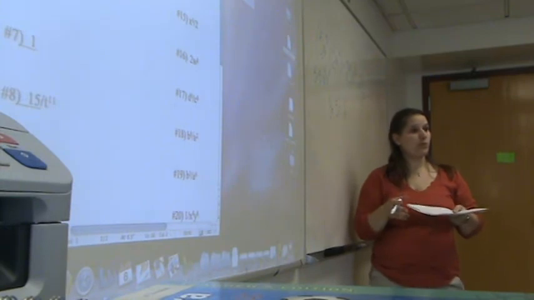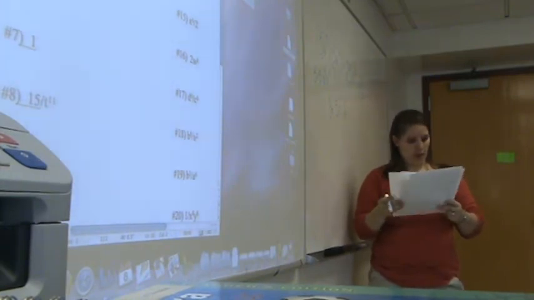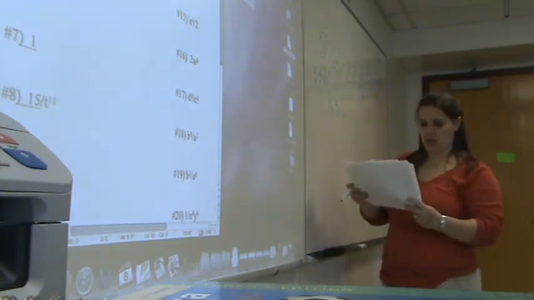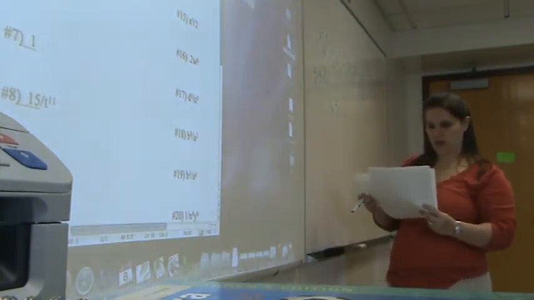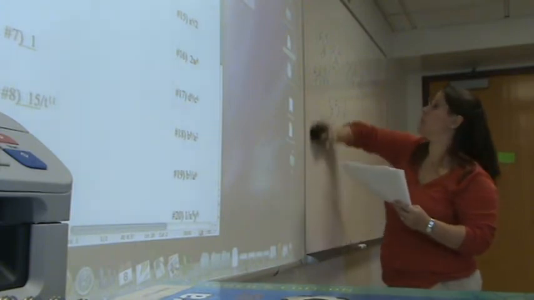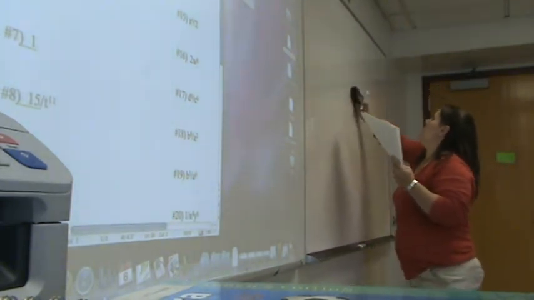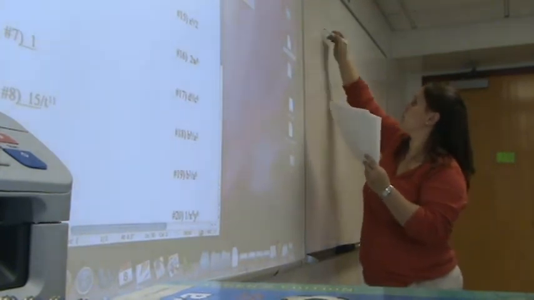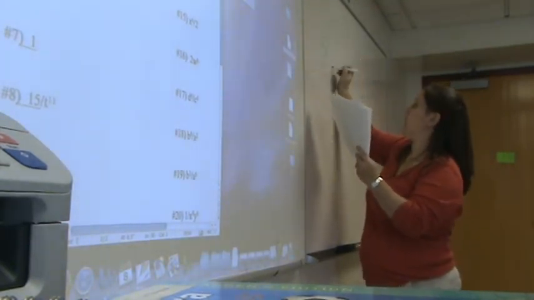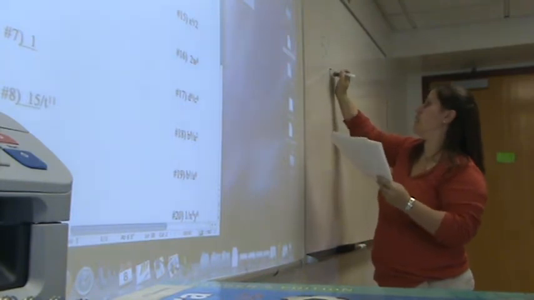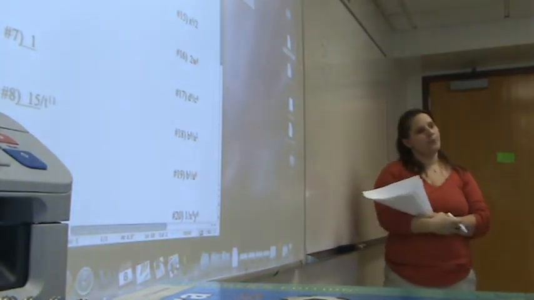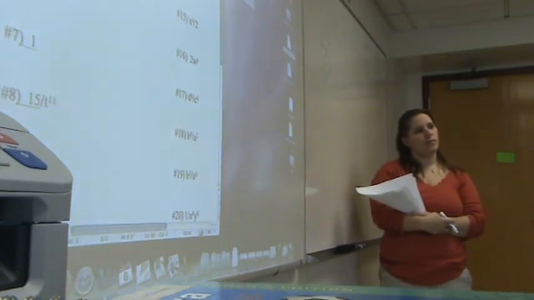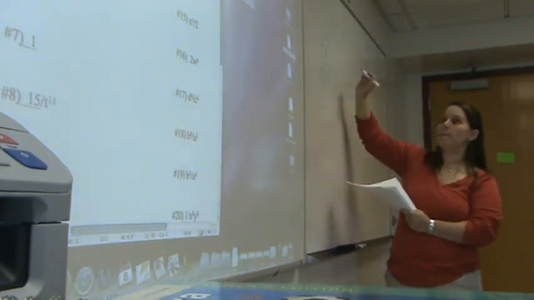Okay, I had trouble with this. Okay, so let's look at those together. 15 and 16. 5x to the third divided by 10x to the negative third. Where do you want to start here? Okay, and how do we simplify that?